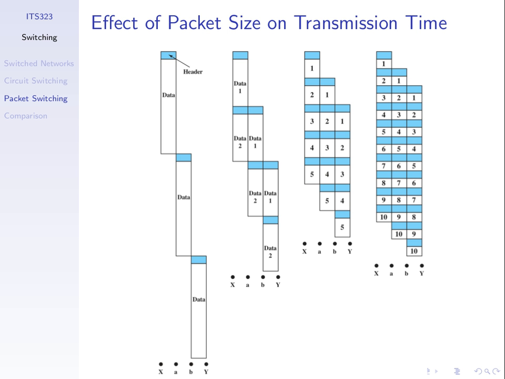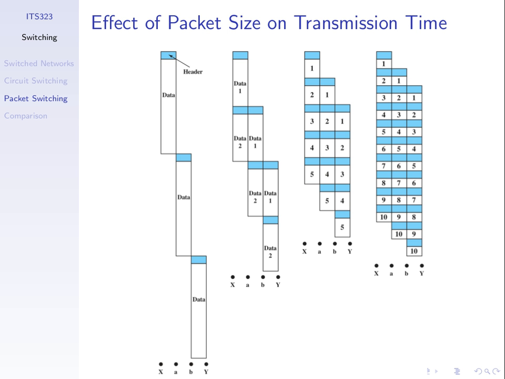There's some small propagation delay. A starts receiving the first packet. At this point in time, A has received the entire packet, and now maybe there's some small processing delay, and then transmits that packet to B.